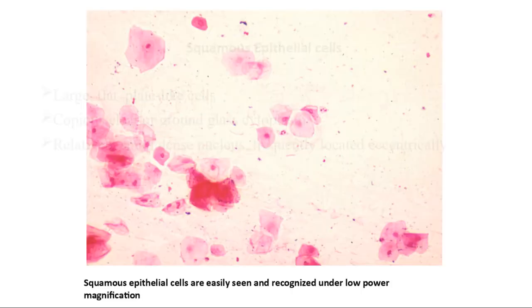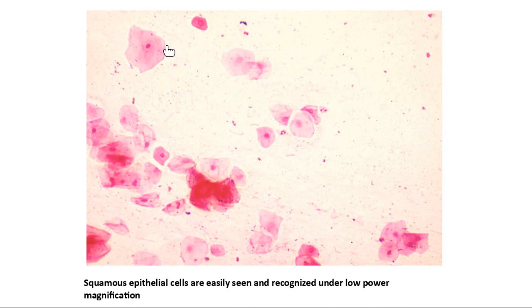Why? Because squamous epithelial cells are mostly present in the mouth. They are generated in the mouth, they are not present in the sputum. So when you find these cells, with their crystal clear ground glass appearance and asymmetrical nucleus, appearing on the 10x, look here, this is the 10x, not 100x.